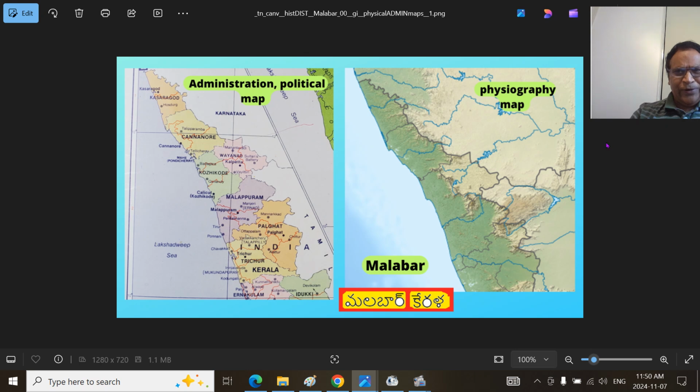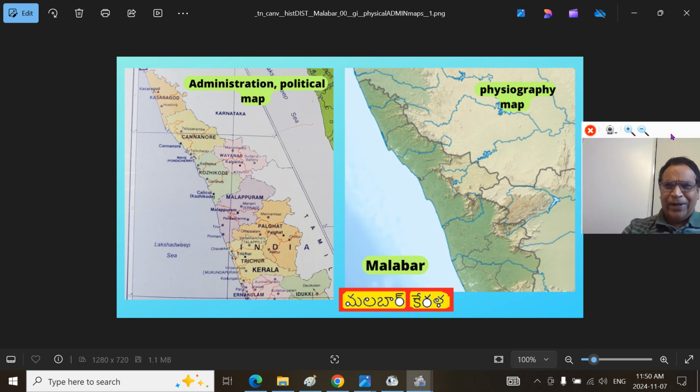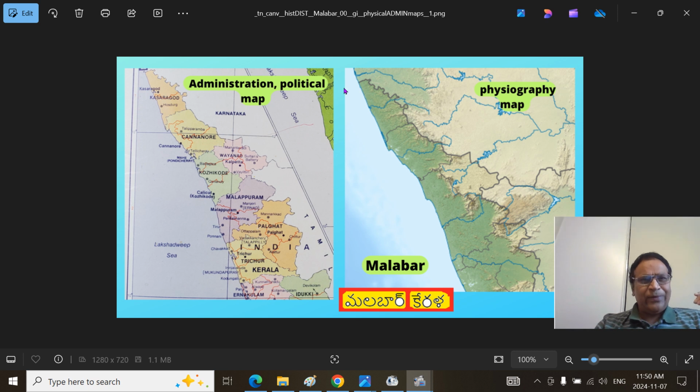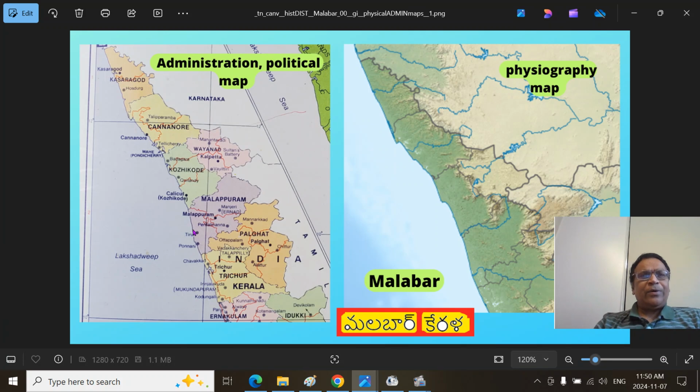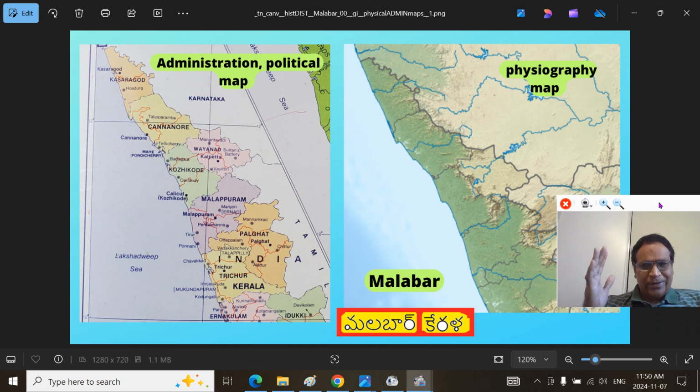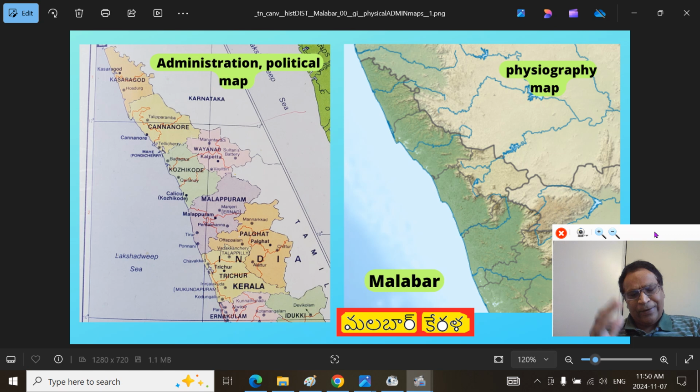Physiographic regions, when compared to administrative political regions, give a different perspective. This is the political, administrative map of Kerala state, and here you see the districts and taluks, political divisions, groupings of 3 or 4 districts and so on. Whereas in the physiographic map, physical geography, we see how the land, terrain and habitat physically look with respect to the mountains, water bodies, plains, peneplains, ghats, churams, excuse me, passes and so on.